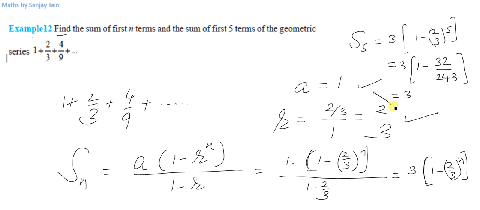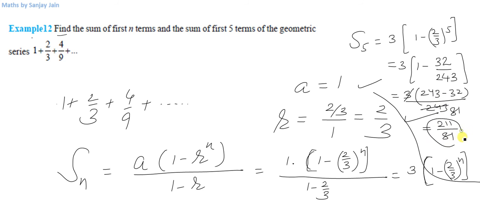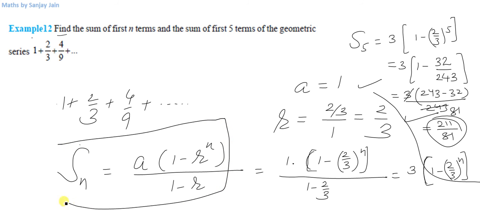So this is 3 into 243 minus 32 divided by 243. This can be written as 81. So this is 211 by 81. This is the sum of the first 5 terms of this GP. Okay. So I've done nothing, I've just applied this formula for the sum of the first n terms of a GP here.